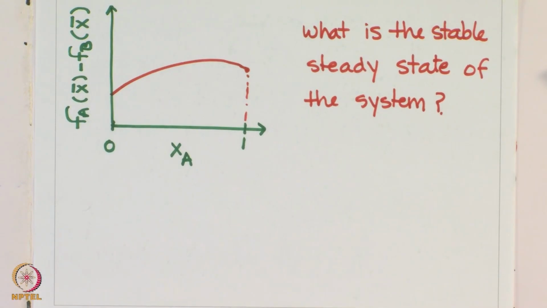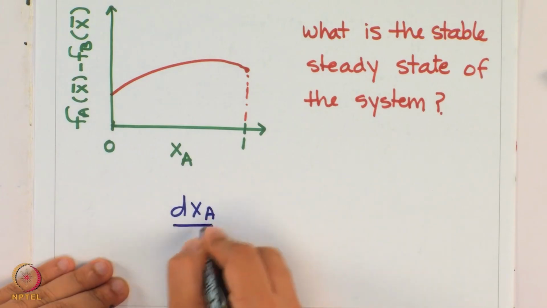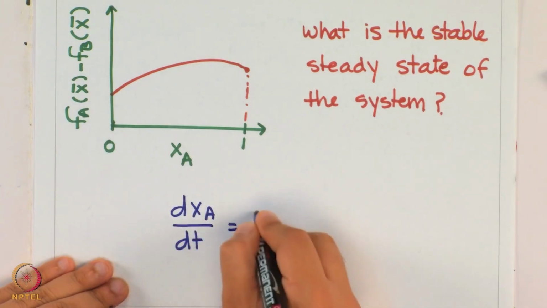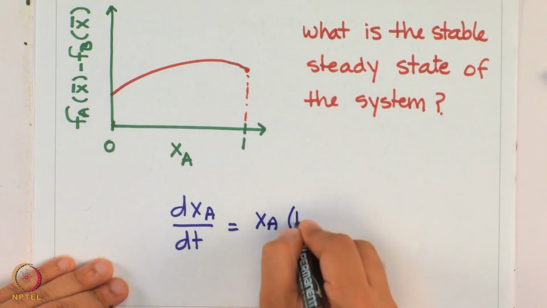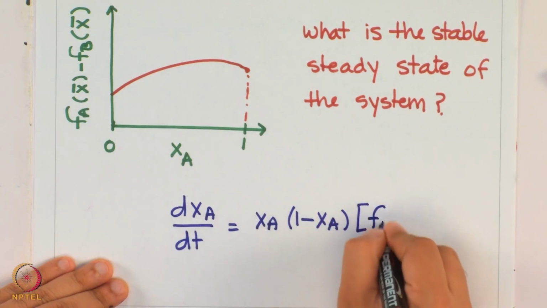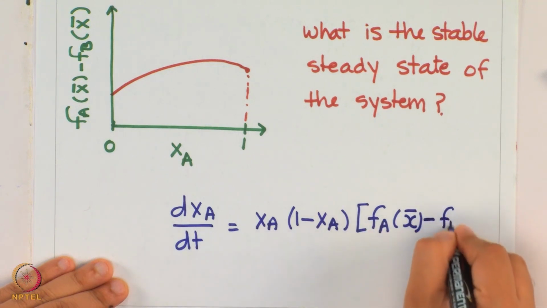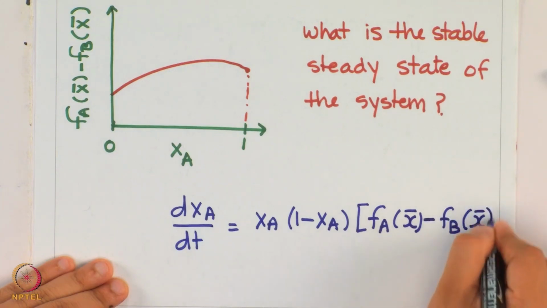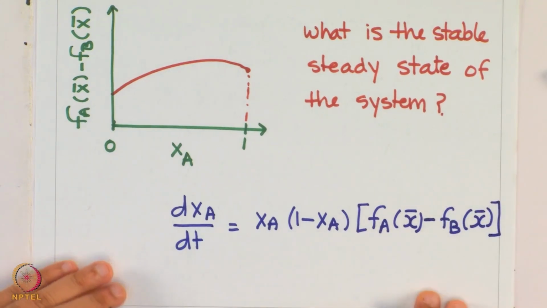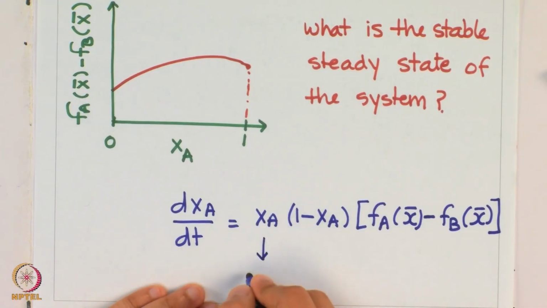But what you should realize here is that our equation that we are working with is the following, which is dx A by dt is equal to x A times 1 minus x A times f A of x minus f B of x. And what this tells me is that x A is a quantity which is always greater than or equal to 0.